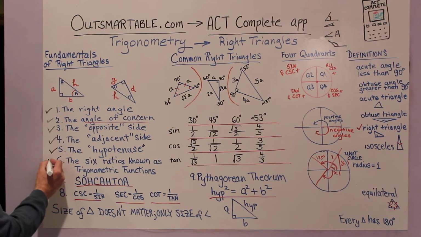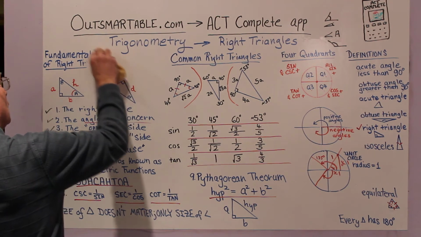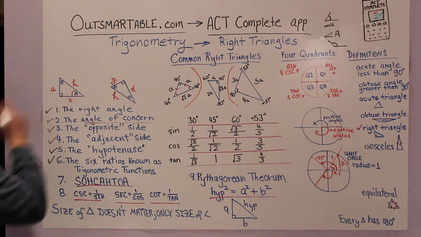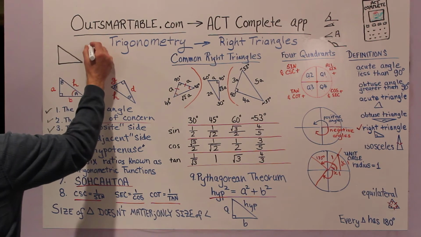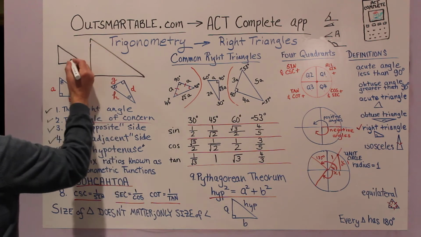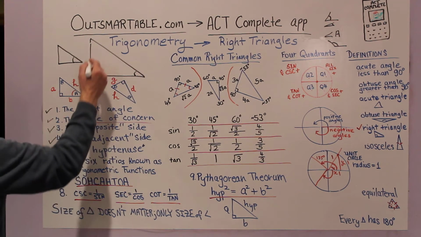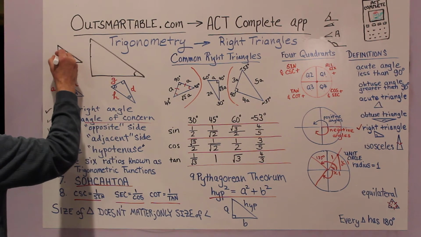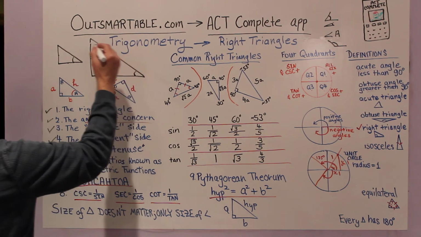Now, trigonometry is all about ratios. Ratios of sides of triangles. And what's really interesting about right triangles is that no matter how big or how small your triangle is, if this angle has the same measure as this angle, then the ratio of this side to this side is equal to the ratio of this side to this side, or the ratio of this side to the hypotenuse.